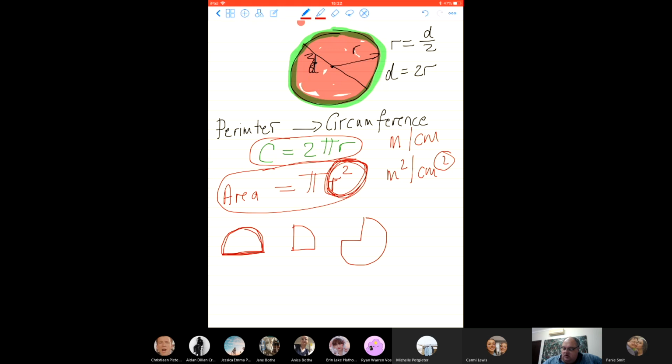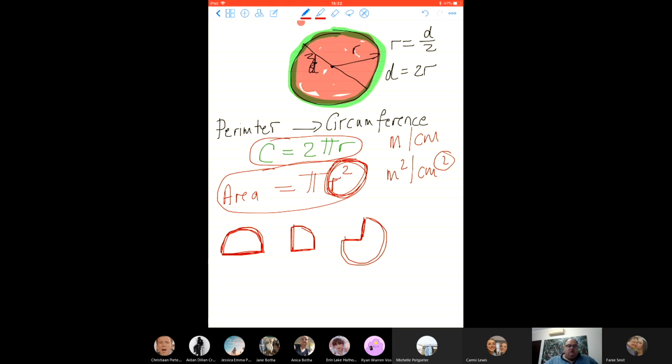So our perimeter would be halfway around and the straight line. In the next one, the perimeter will be those two straight lines and the quarter circle around. And for the last one, our perimeter will be those two lines and 3/4 of the circle around.